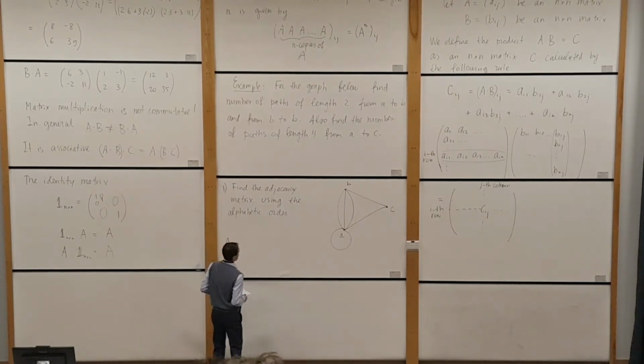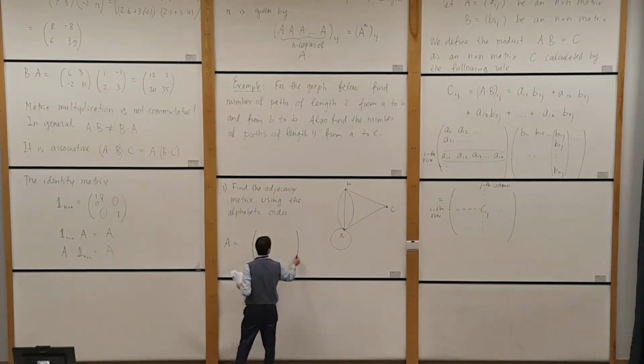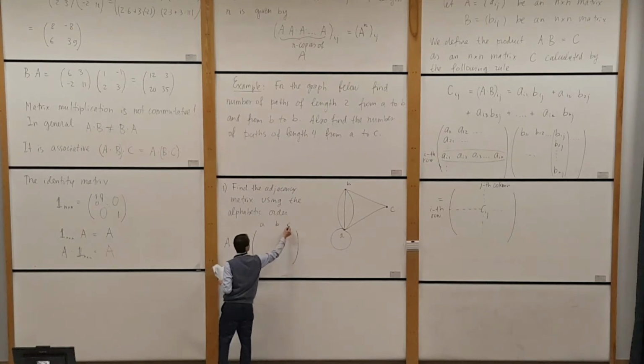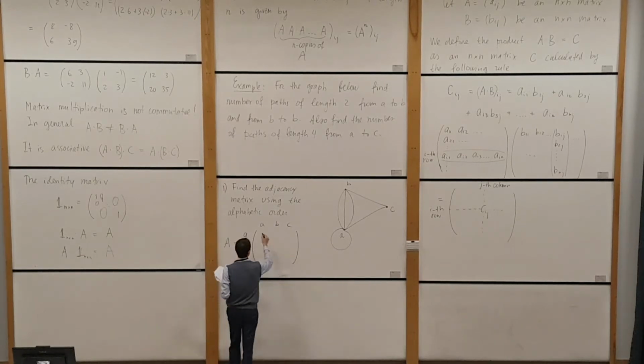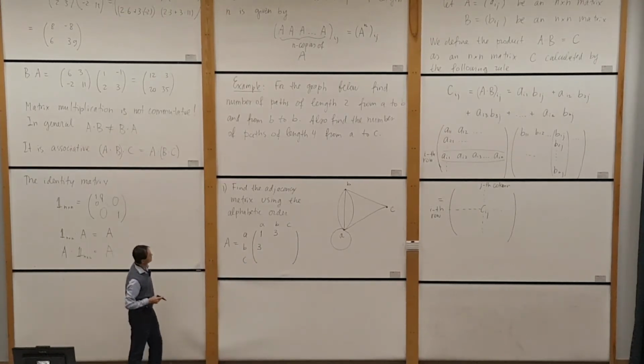I'll call this adjacency matrix again by capital A. So there are 3 vertices, therefore it's a 3 by 3 matrix. The columns will be labeled by A, B, C, and the rows as well. On A I have a single loop, so I put 1 here. Between A and B I have 3 different edges, so I put 3 here and in the symmetric position as well.